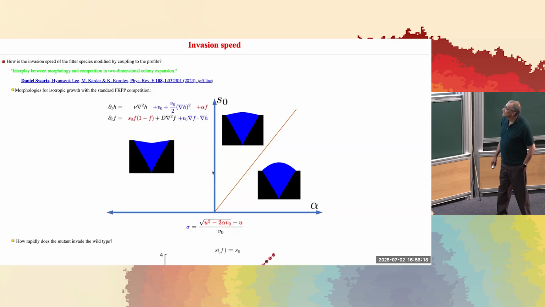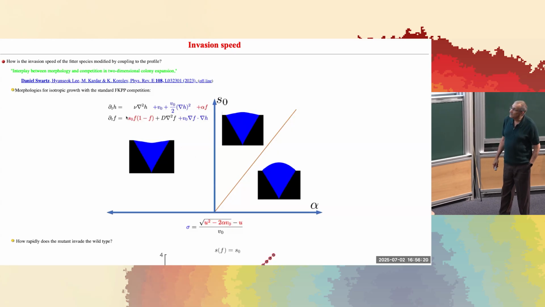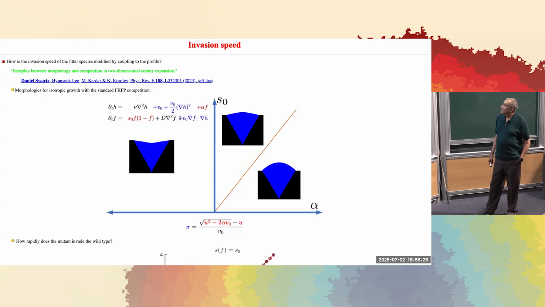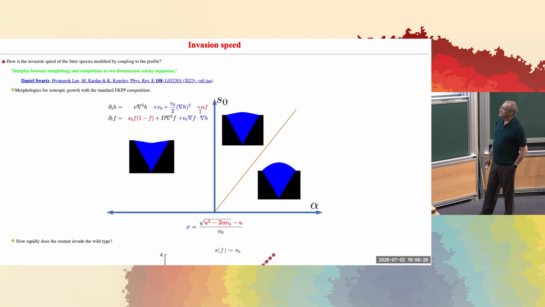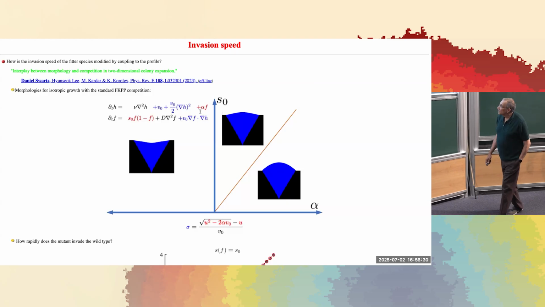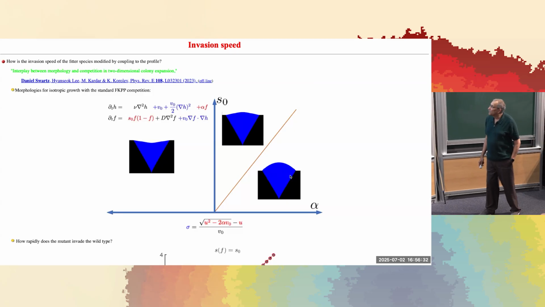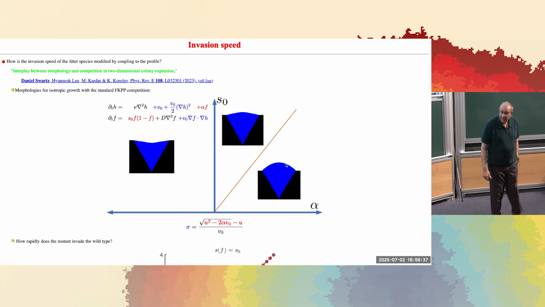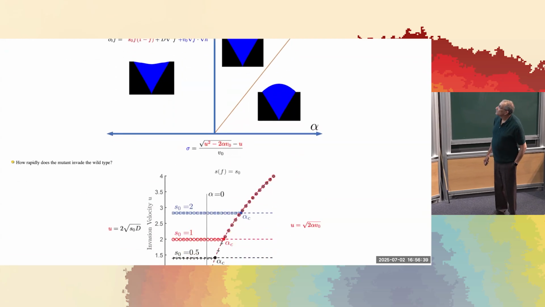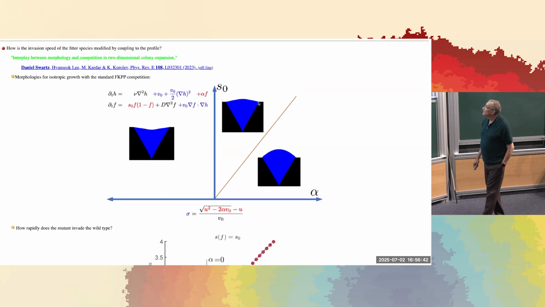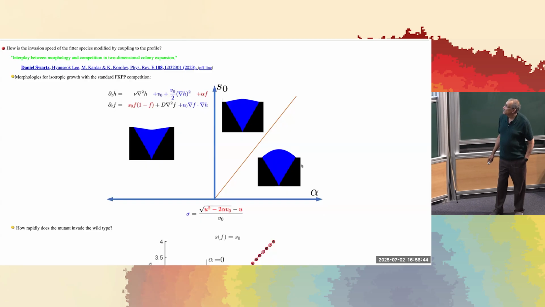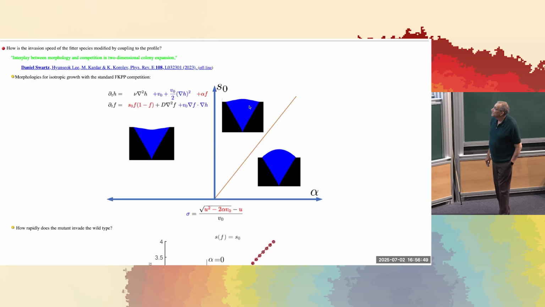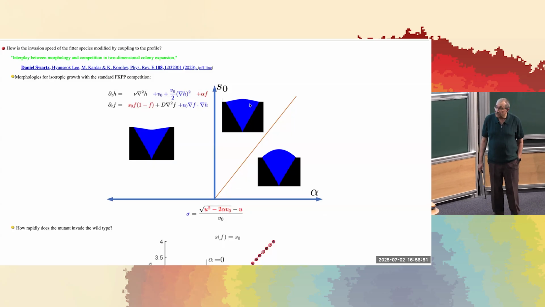So the question is, as I change the various parameters, S0 of this Fisher-Kolmogorov equation and alpha that represents the coupling, what are the morphologies and what is the boundary that I have, let's say, between this morphology and this morphology? And what are the speeds in particular that we have over here? The speed in this case, we could get by this geometric construction. The speed here was kind of left unknown.